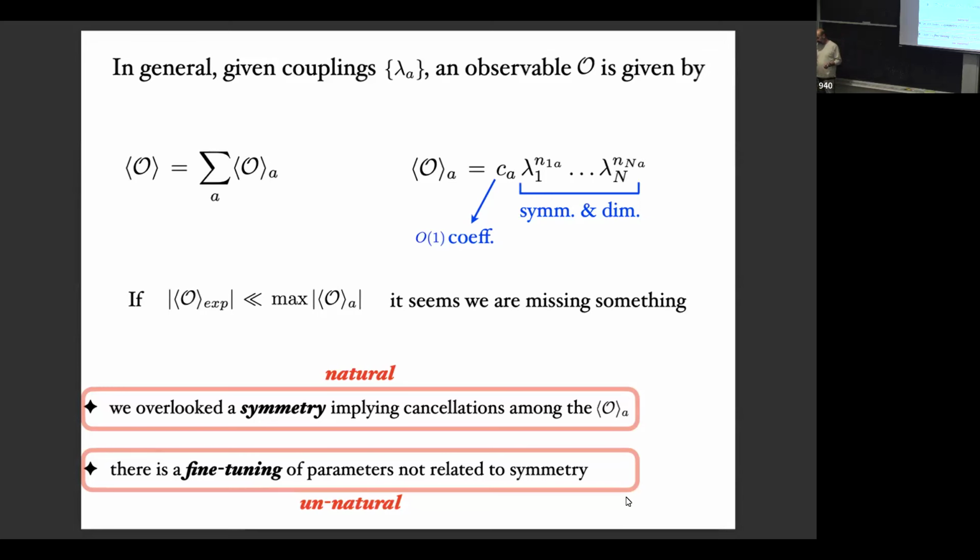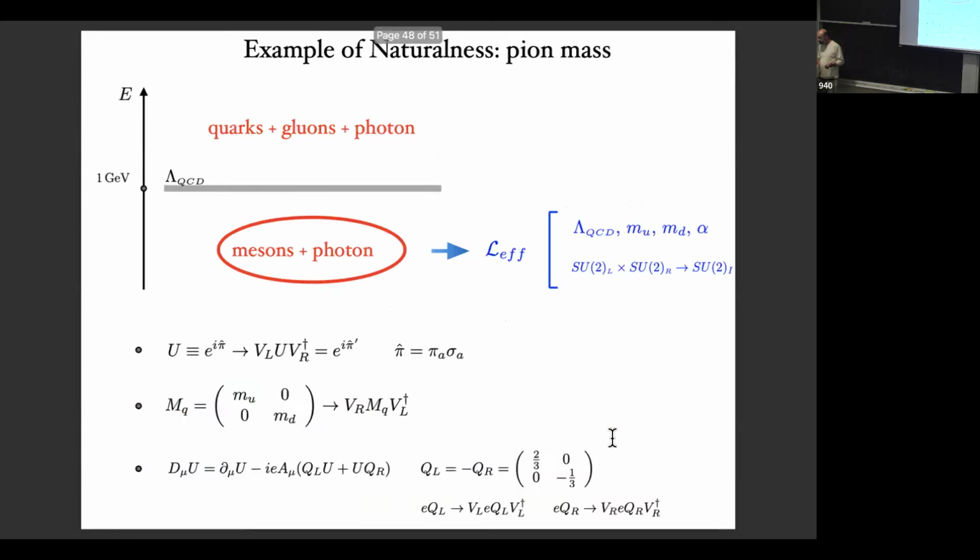And why is it not moving? Yeah. The typical example of a natural quantity is given by the pion mass in quantum chromodynamics. Let me give you the picture.